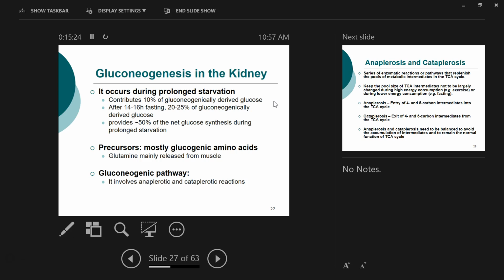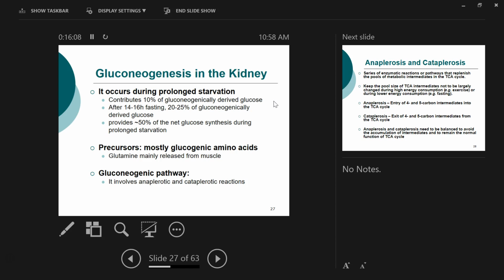And if fasting goes longer, like 24 hours later, 50% of glucose from gluconeogenesis is coming from the kidney. And the other important thing is that the precursors for gluconeogenesis in the kidney are mostly amino acids, right? So amino acids are the main precursors for gluconeogenesis in the kidney.